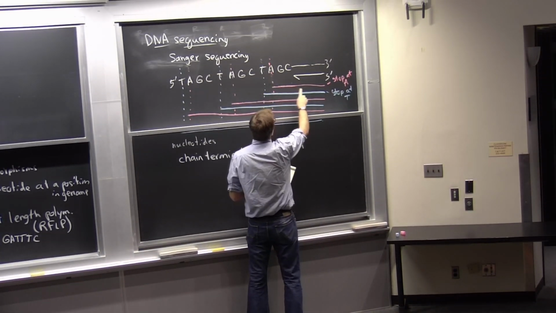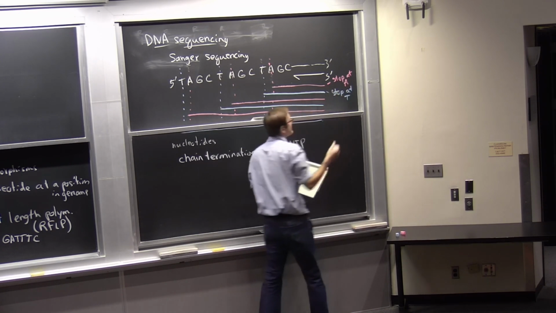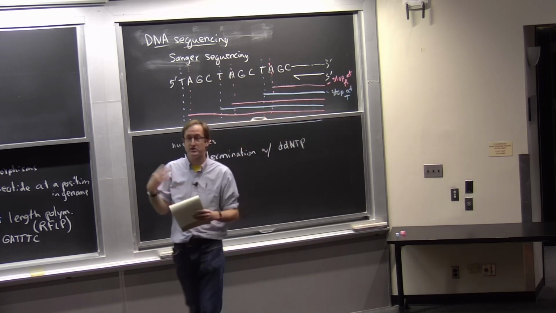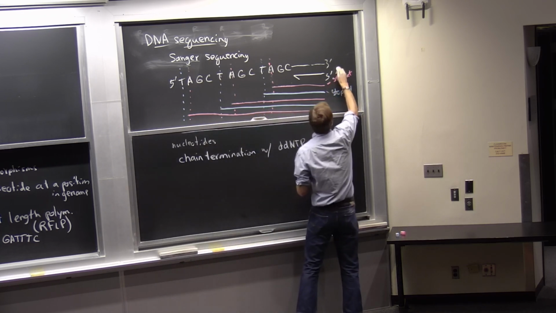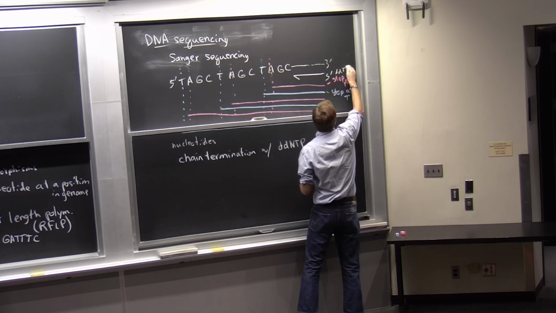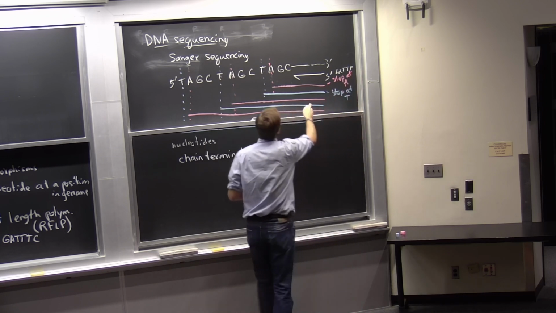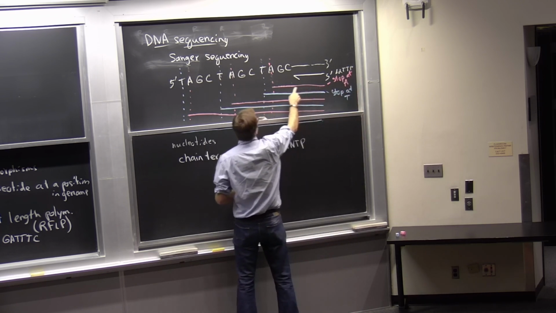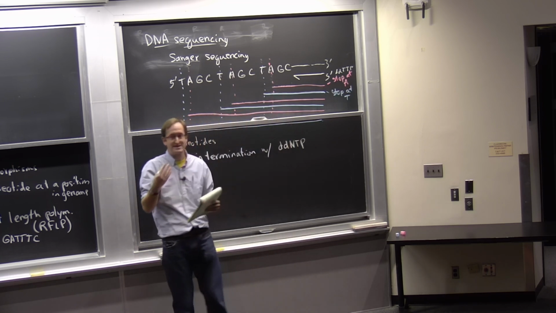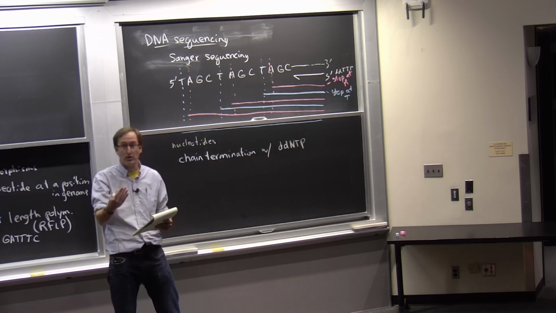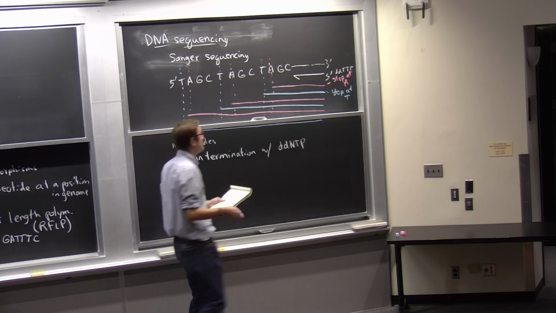So if we take our example here, this might be a reaction that has dideoxy thymidine triphosphate. If we had dideoxy thymidine triphosphate in this sample, and it's elongating, then when the polymerase reaches this point, there's a possibility that it will incorporate the dideoxy nucleotide triphosphate.